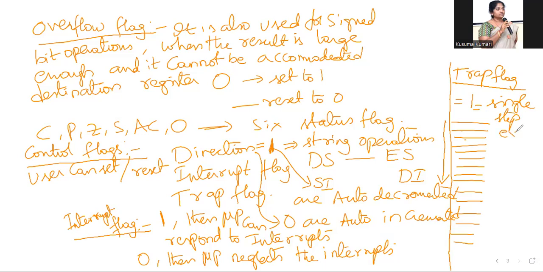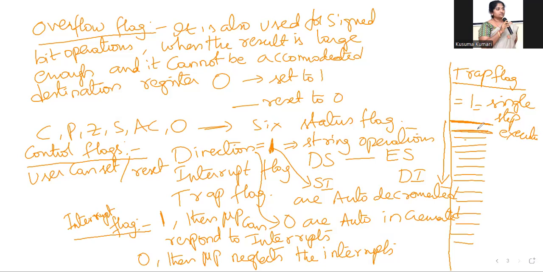Single step execution means once the first instruction is completed, the microprocessor stops the execution, and then it verifies all the register contents, flag register contents, and memory location contents. If all are okay, then it goes to the next instruction.